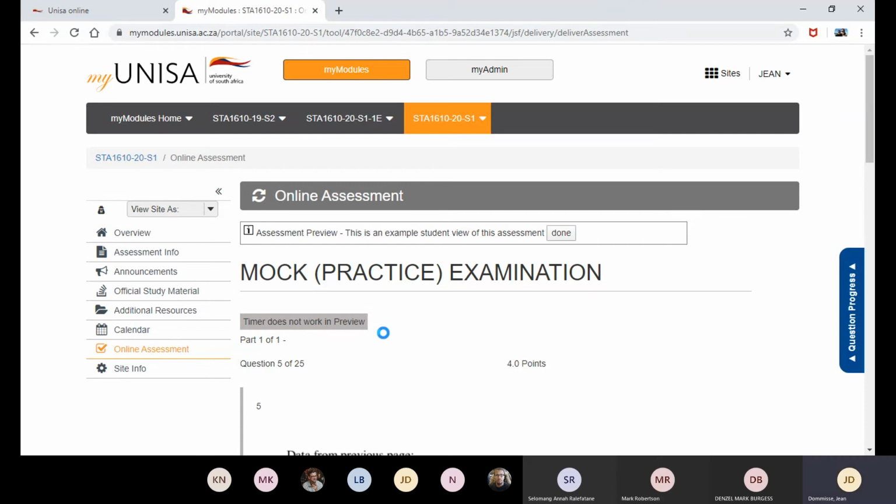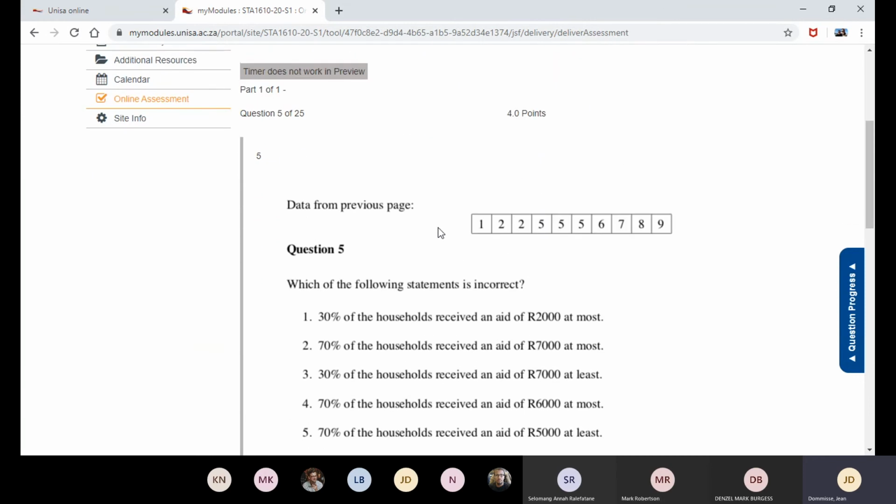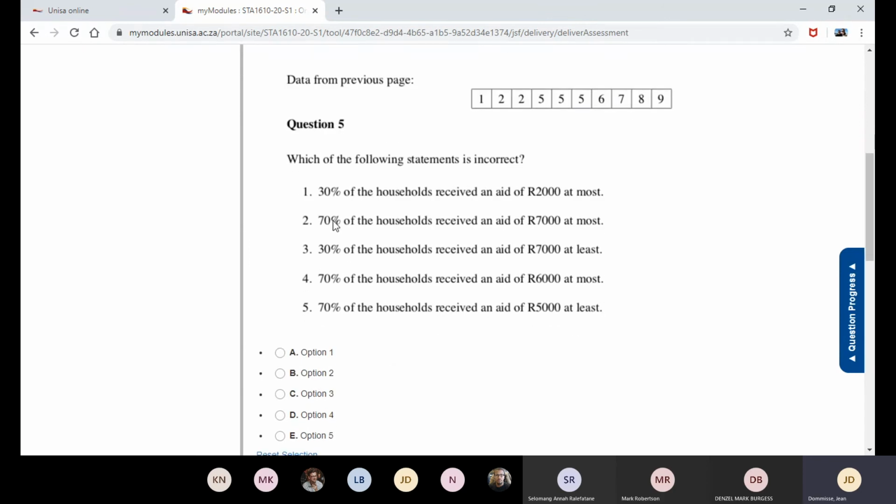Let's do the next one, because at least it carries over the data for you. Let's see the question: from the previous page, which of the following statements is incorrect? 30% of households received an aid of 2,000 at most.